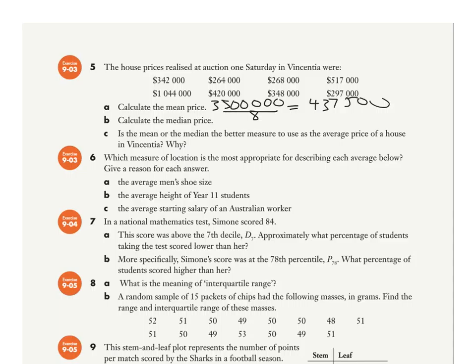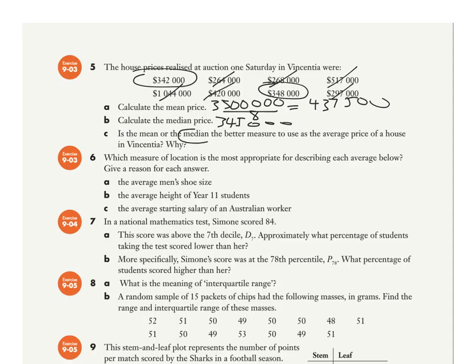Now the median, okay, so if you cross off the smallest and the largest, the next smallest and the next largest, the next smallest and the next largest, you're left with these two, and the average of those two, or the middle of those two, you can either add them up and divide by 2, or you can clearly see the middle between 342 and 348 is 345. So that is your median.